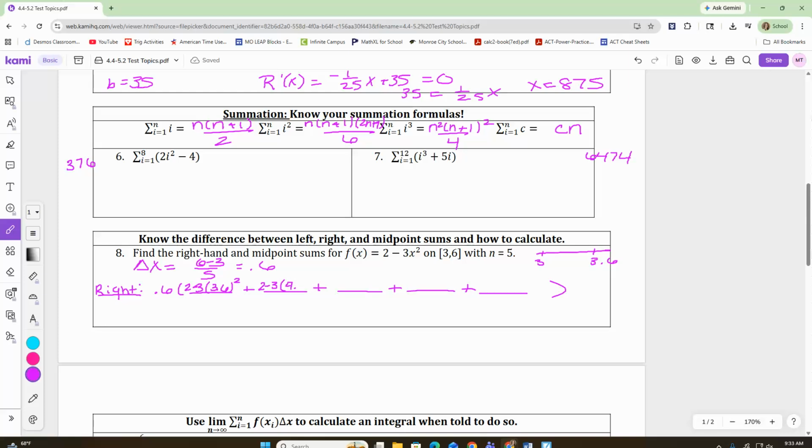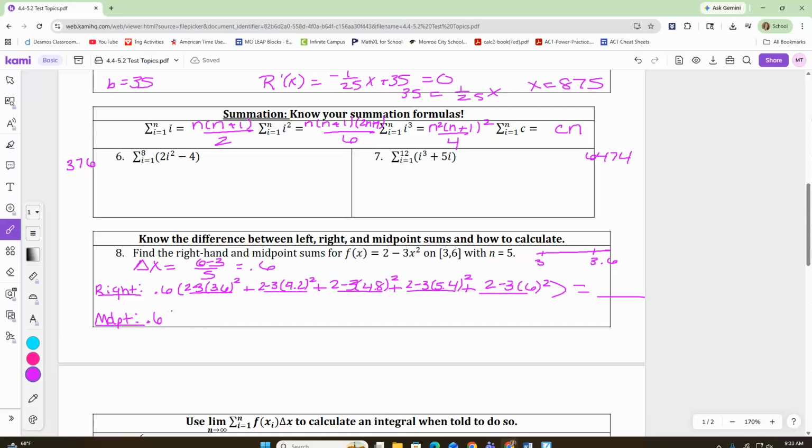So the next one would be 4.2, 4.8, and we're just plugging them in for the x in the formula. 5.4, and the last one is 6. Okay, I didn't ask for the left, but if you did, what would you have plugged in? All right, I'm not going to take the time to calculate it.